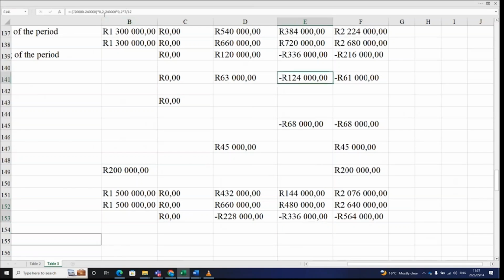And then I just want to copy this formula here for the remaining assets so that we see the depreciation of the remaining assets. That gets us to 242,000 Rand.